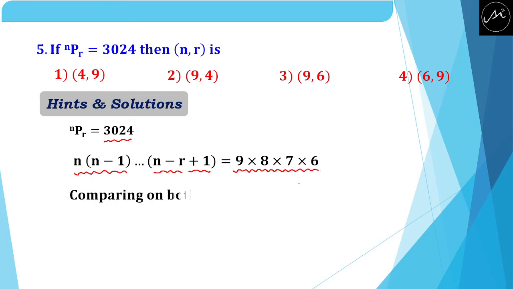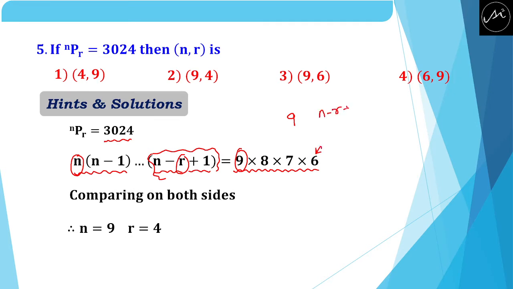Now comparing on both sides, you can see n will be equal to 9 and r, that is the last term. That means n is 9, plus 1 is 10, minus 4 will be 6. Clear? So n minus r plus 1 must be equal to 6.